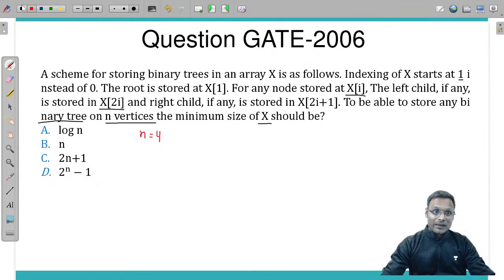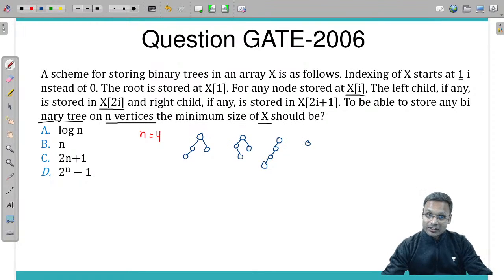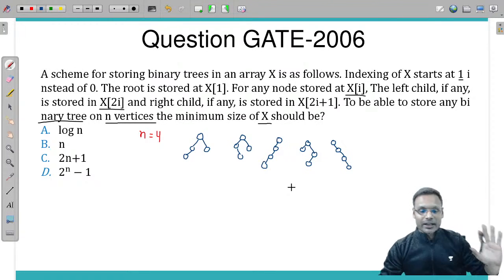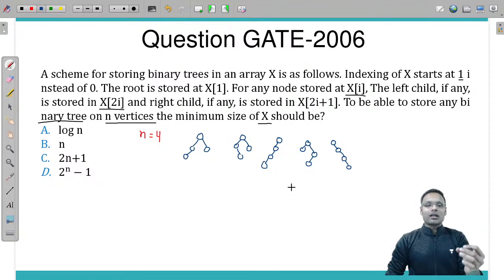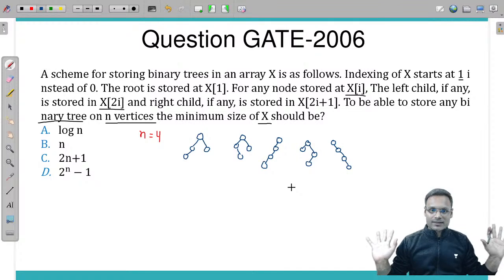Any binary tree means whichever binary tree I want to store, I should be able to store it in that array if I have that much array size.